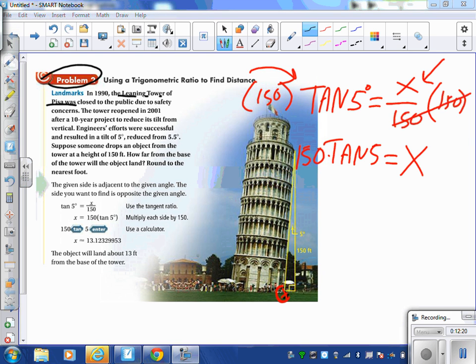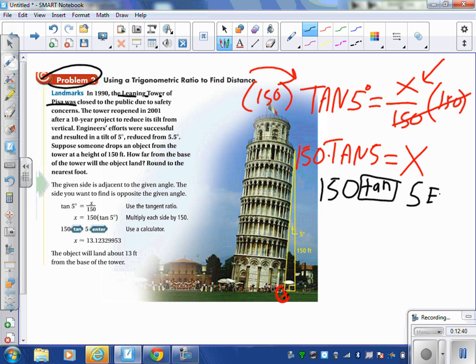So how do I put this in my calculator? I'm going to take 150, tangent, I'm going to hit my tangent button on the calculator, then plug in 5, and then hit enter. And that will give you x equals 13.123 and a bunch of other numbers, which I can round to x equals 13.